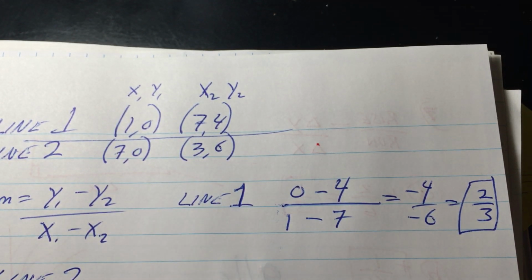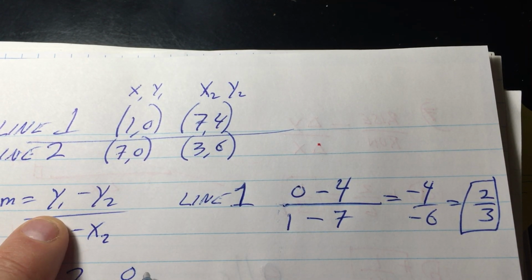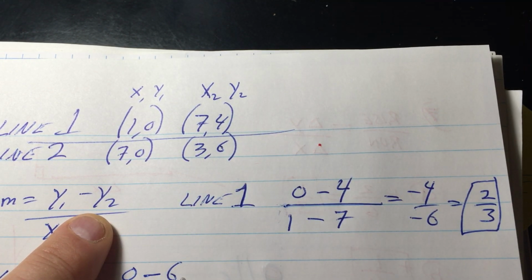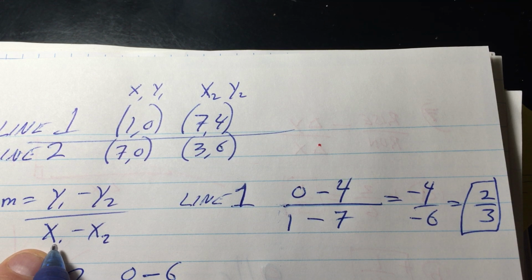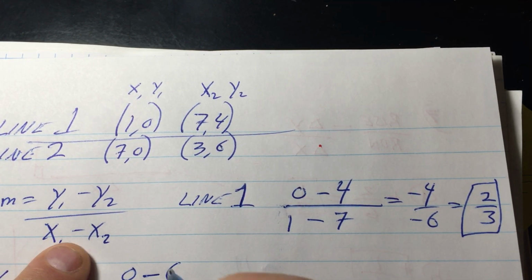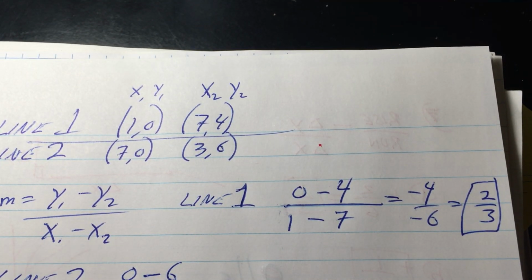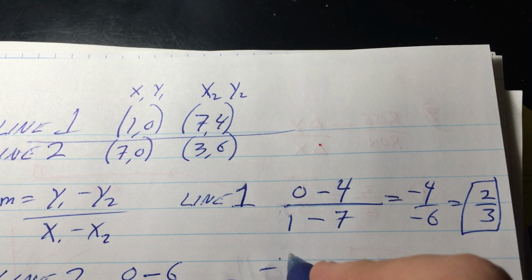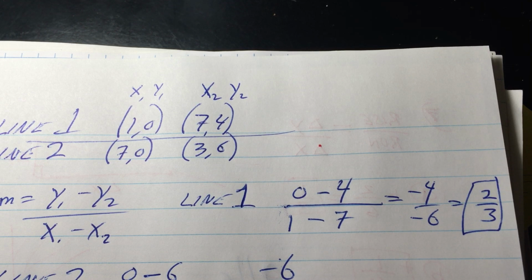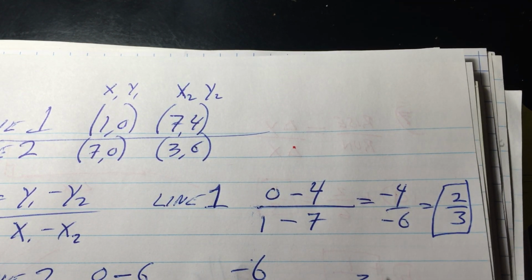Second value of y is 6. So first value of y, 0, minus second value of y, 6, over first value of x, 7, minus second value of x, 3. 0 minus 6 is negative 6, 7 minus 3 is 4. And that simplifies to a negative 3 over 2.